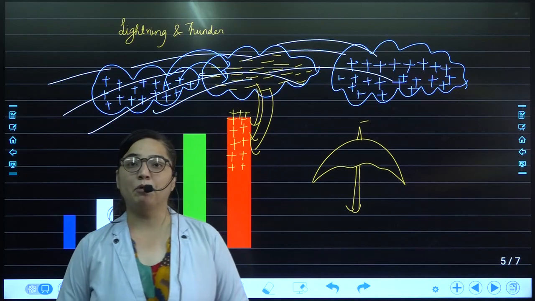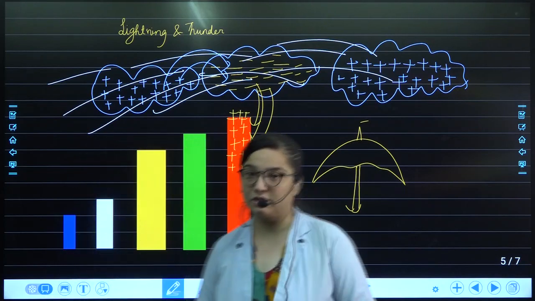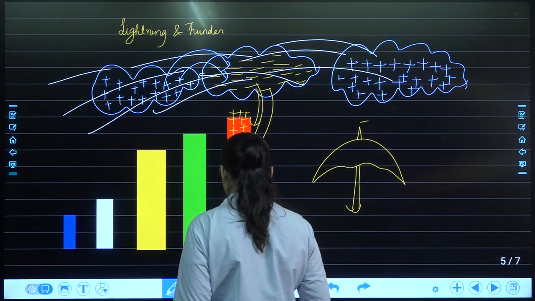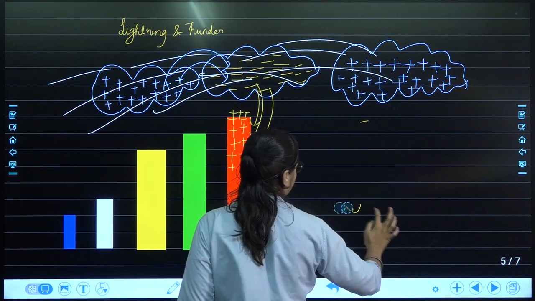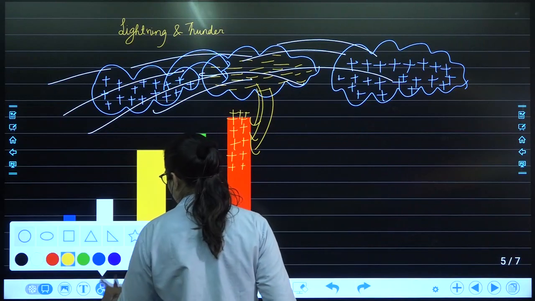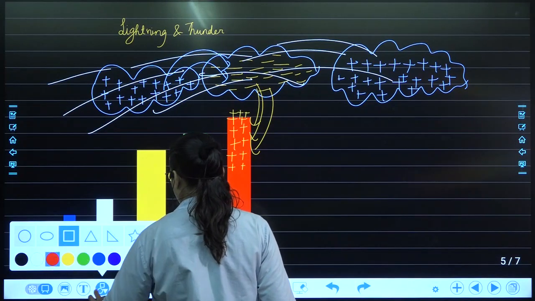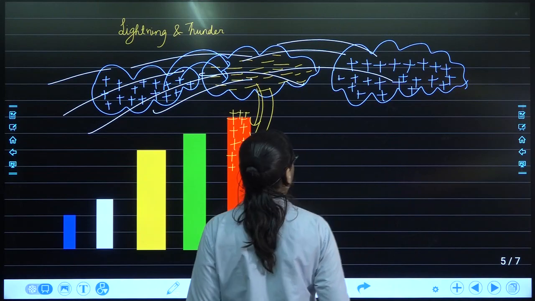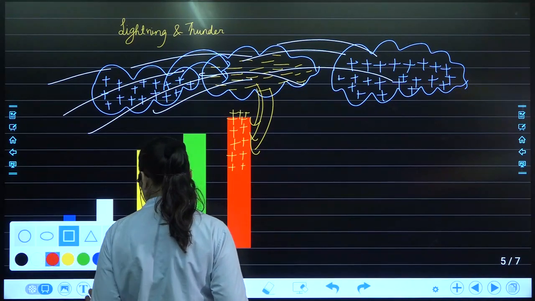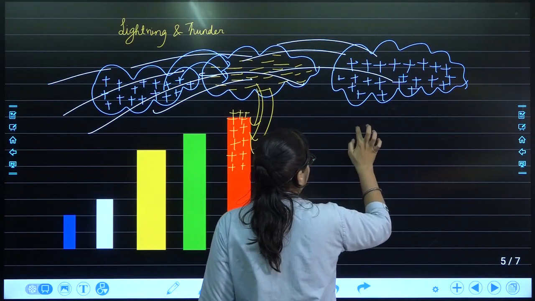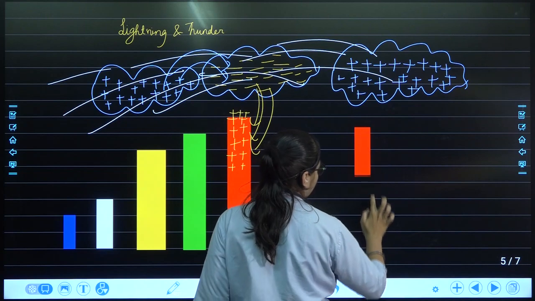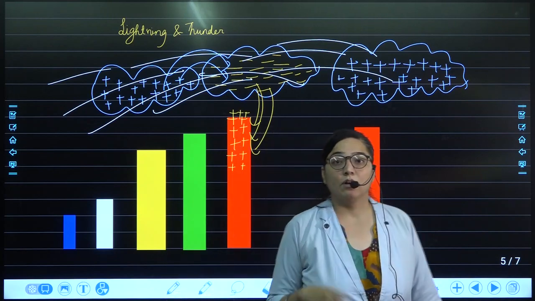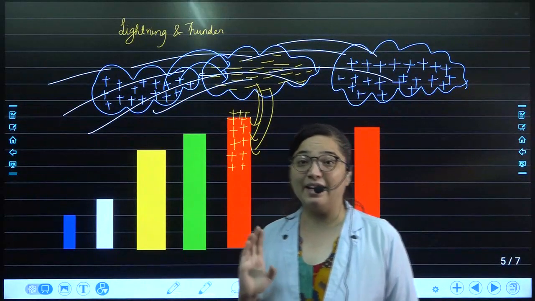Now, the very important point, that is the lightning conductor. What is the lightning conductor now? For a tall building like this, at its top, a lightning conductor is kept.